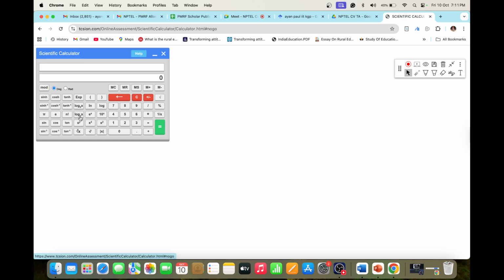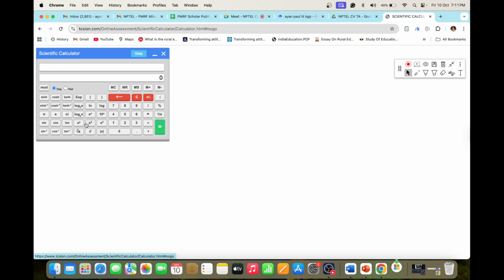So first you have to do the x, just let me see, 5 log x base y. I think even I forget how to do it, but log 2 is easy. For doing log 2, just put this and then put the operator.